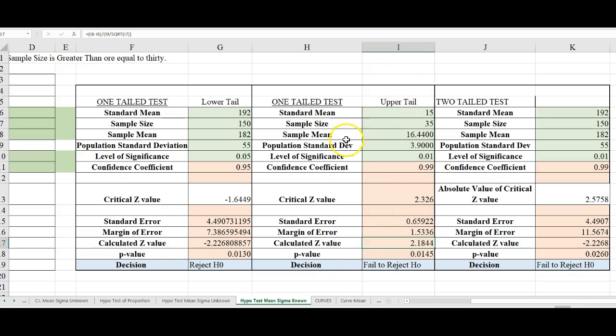If I had done this manually and used only 16.4, this number would have turned out to be 2.12, which the facility would mark incorrect. So you have to use 2 decimal places for that.